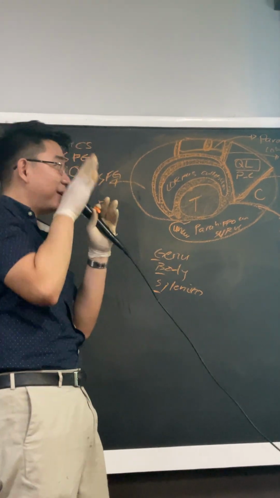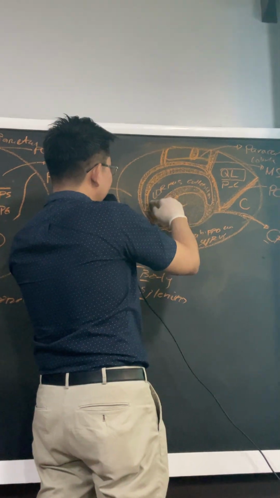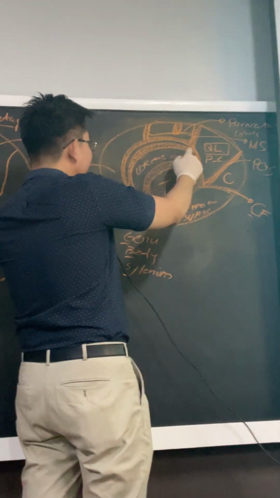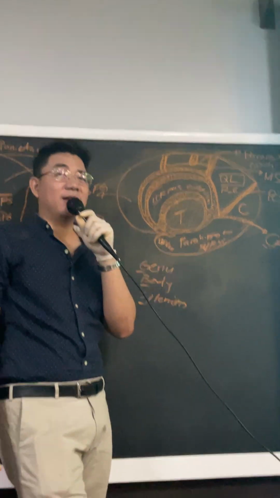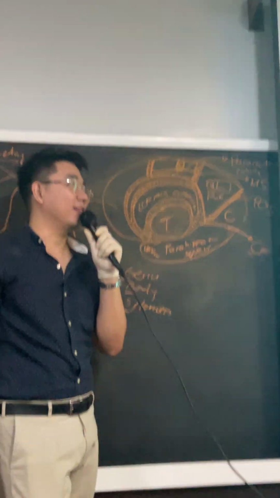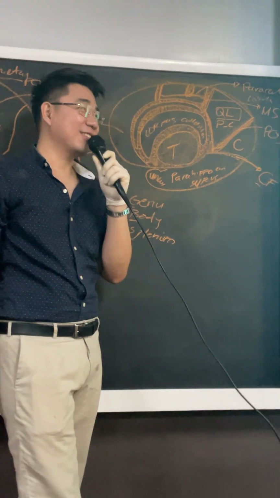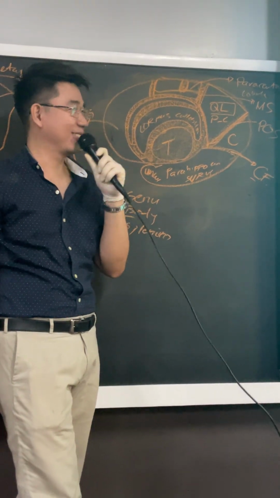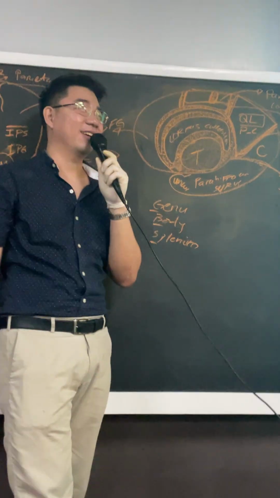So there's a space above it. There's one gyrus that is found just above the corpus callosum, and he's sad because he's single, and that's called the cingulate gyrus. Because if you think about it, he's the only one there.